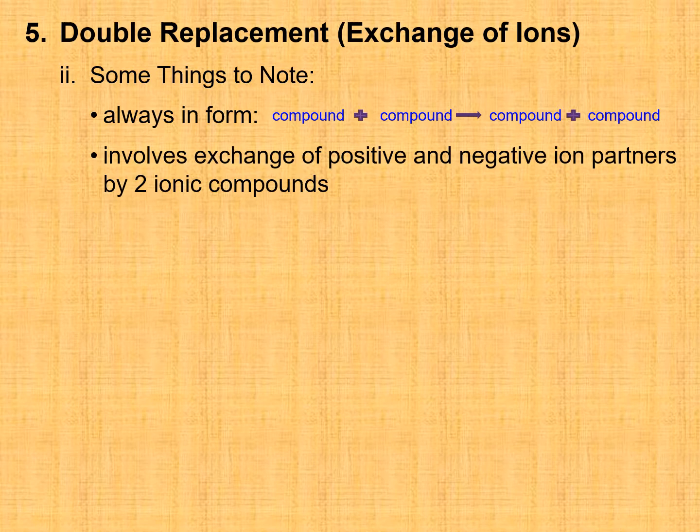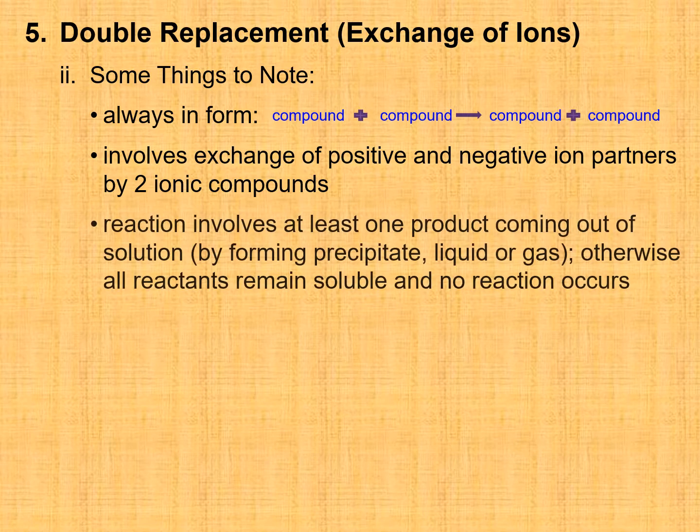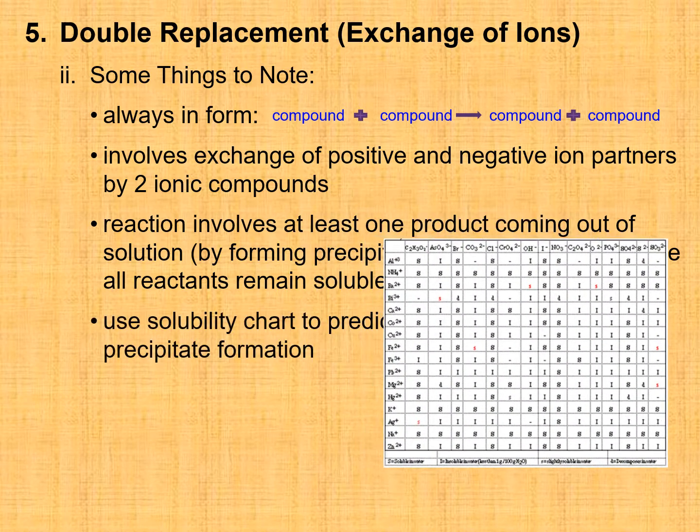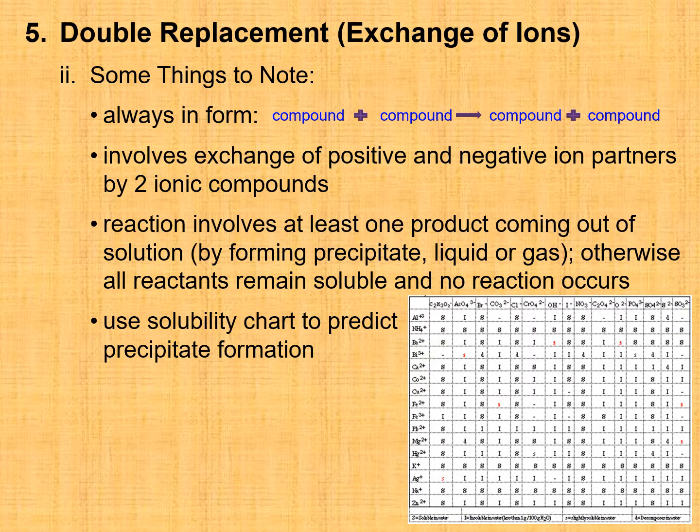Double replacement reactions involve an exchange of positive and negative ion partners by two usually ionic compounds. The reaction involves at least one product coming out of solution by either forming a precipitate, a liquid, usually water, or a gas. Otherwise, all the reactants remain soluble and no reaction occurs. You can use a solubility chart to predict whether one of those products will be a precipitate.